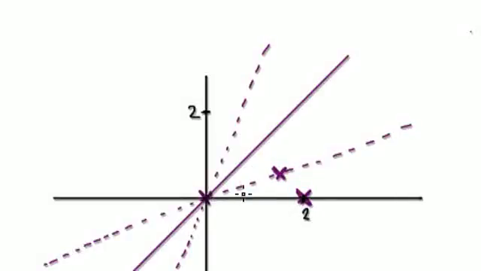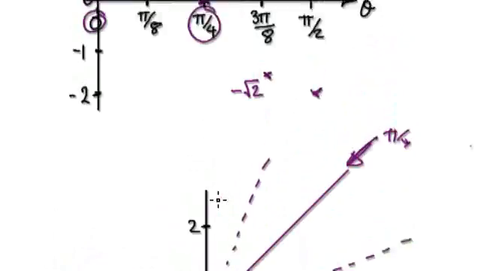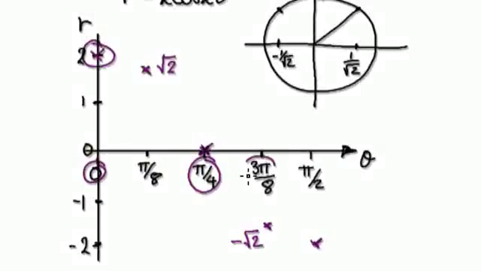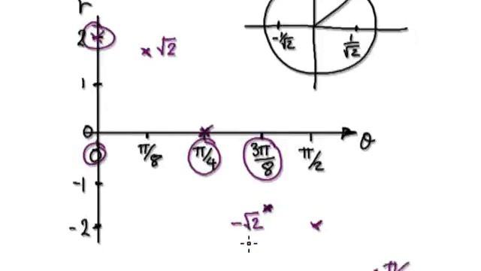Remember, this here is pi over 4, and the radius will be 0. Then when it's 3 pi over 8, the radius will be negative root 2.